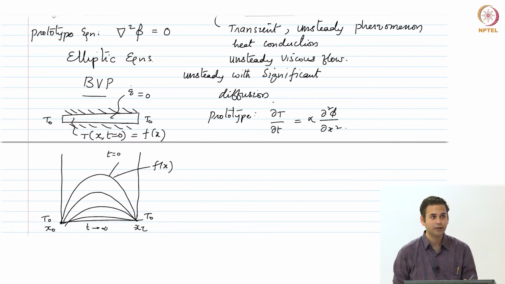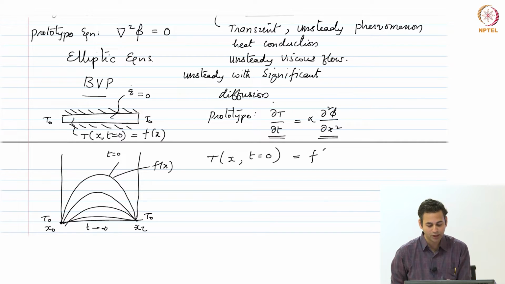We would need initial conditions, because you have a transient term t here, and you also need boundary conditions on the boundaries, okay. So, essentially what we need is an initial condition, that is temperature for the entire domain, that is for all x at t equals 0, right. We would need an initial condition, let us call it some f of x, and then we would need a boundary condition at x equal to 0, right.